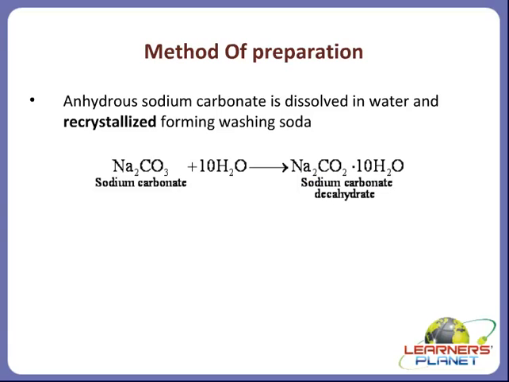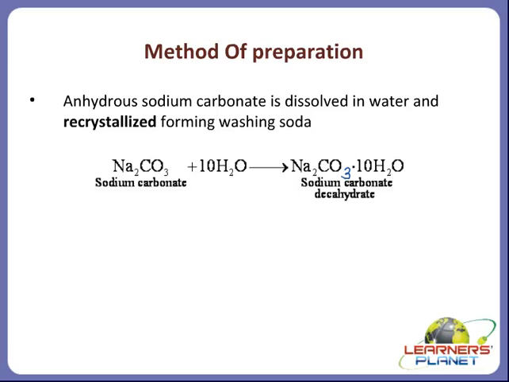Now children, what is the formula of sodium carbonate? It is Na2CO3 and not NaCO2. So, I'll put it here, Na2CO3·10H2O. Now what we have got is Na2CO3·10H2O, that is sodium carbonate decahydrate. This is the way sodium carbonate or washing soda is prepared.